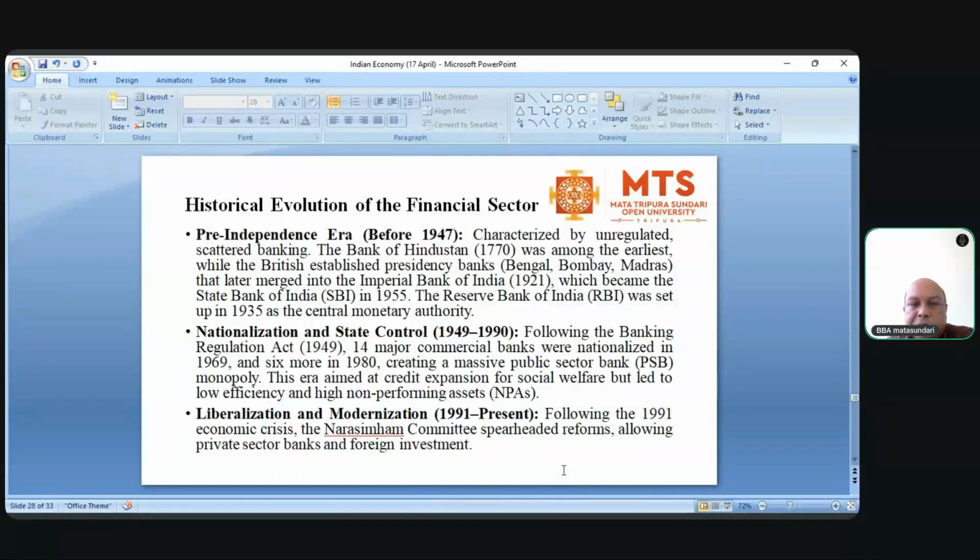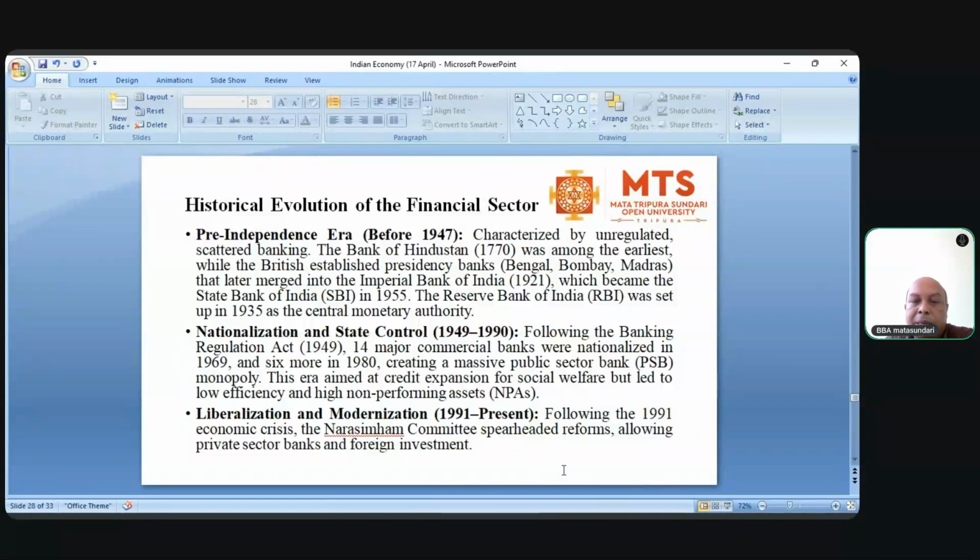After independence, when the Indian government focused more on development of agriculture and industrial sector, the government faced one problem: that maximum banks in India after independence were run by the private sector. So the Indian government thought it would nationalize this private sector. And so in 1969, 14 commercial banks were nationalized.